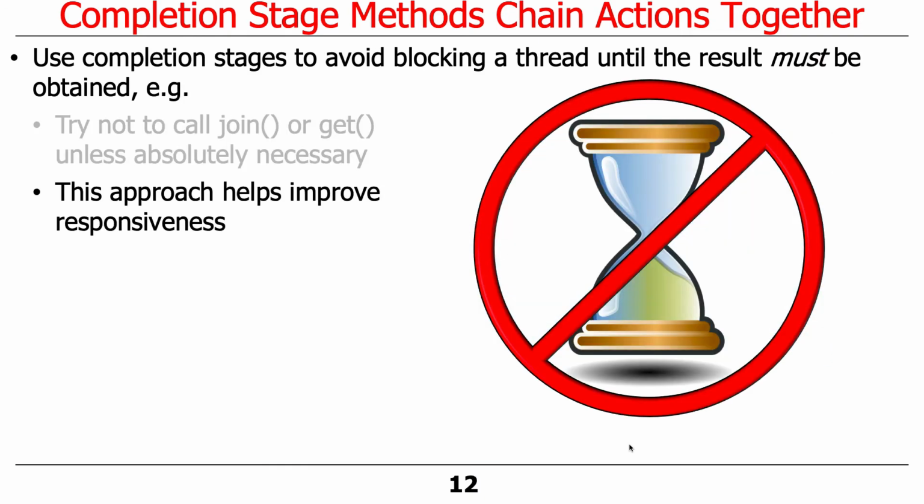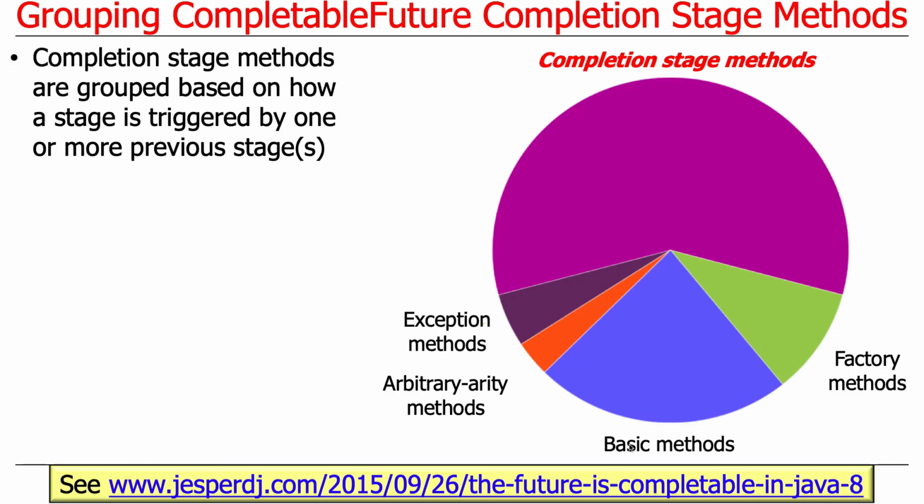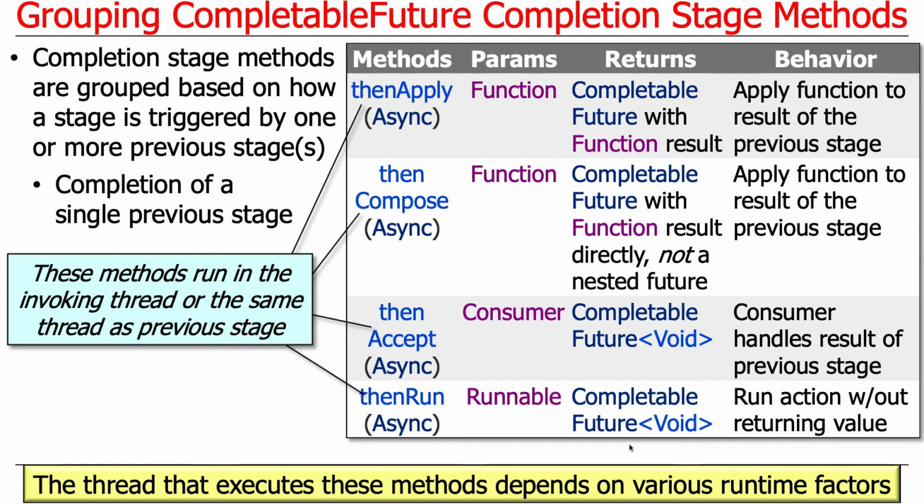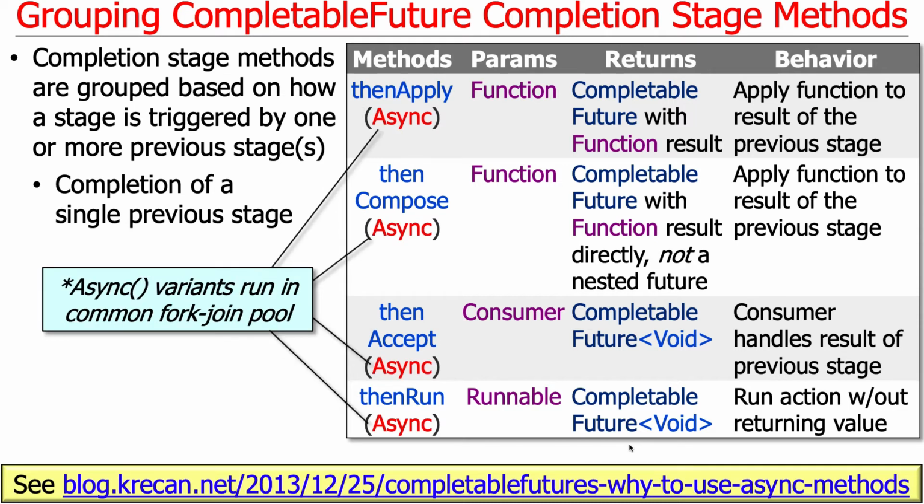Any other questions about any of that stuff? All right, so I told you that we had a couple different variants of these methods. We have the non-async methods and the async methods.